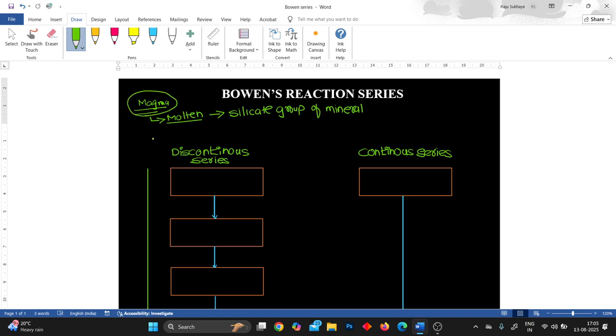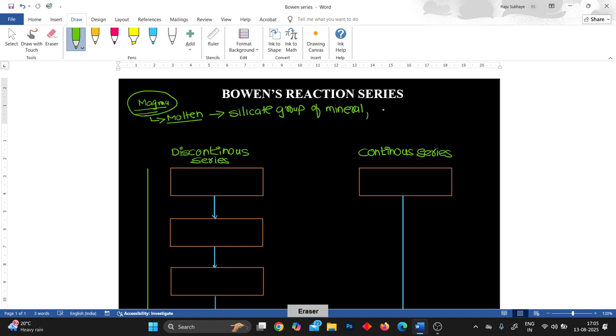Right now we are not interested in other constituents of the magma, like trapped gases. Magma has trapped gases present in it, and apart from that some different compositions are also present. But we are interested in the silicate groups.